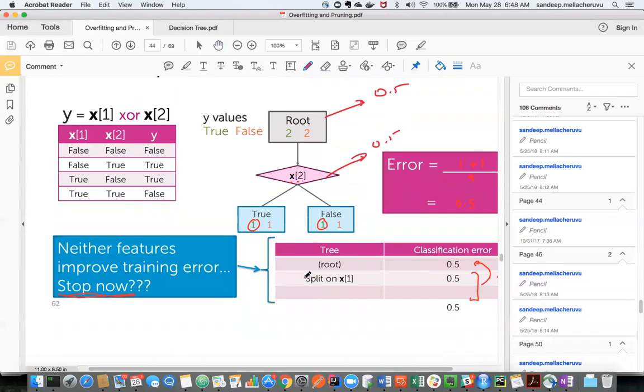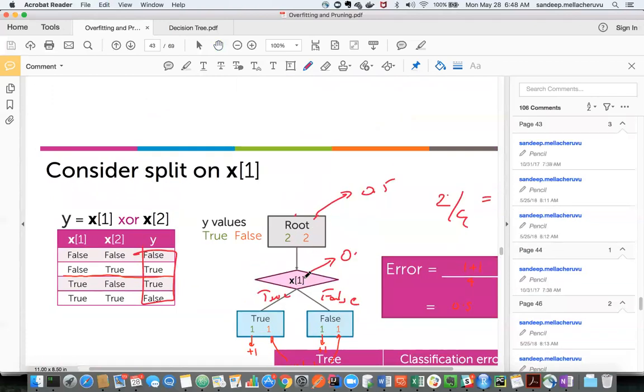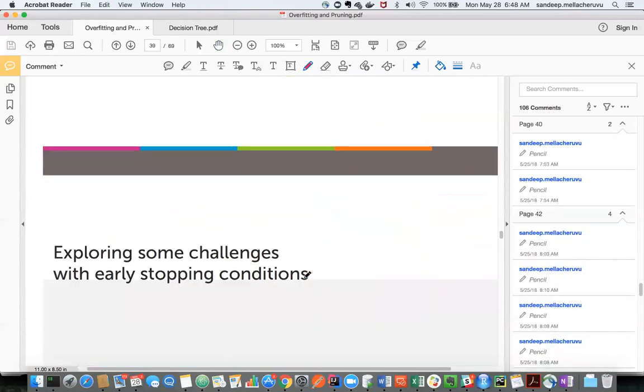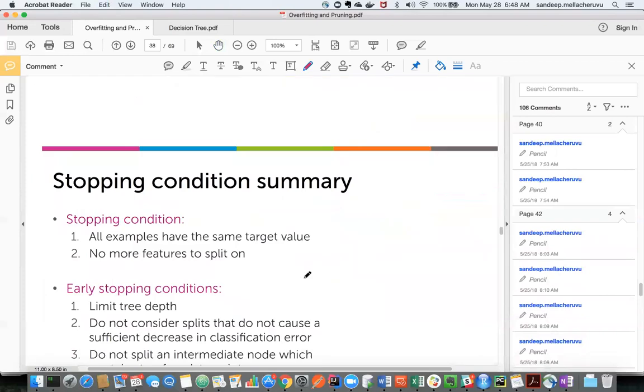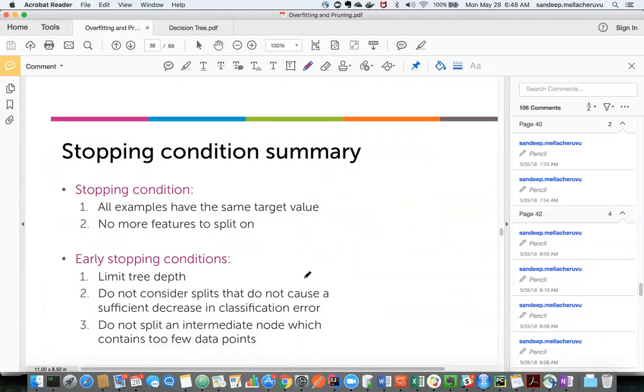So pruning is always the best criteria available to us. If pruning is not possible for whatsoever reason, go with early stopping criteria 3. Criteria 3 is much better, because if you say each node has too few data points, do not split, it is going to work very, very well in practice.